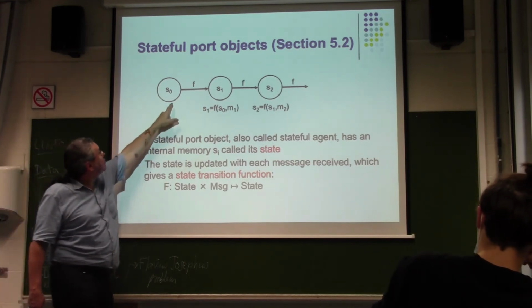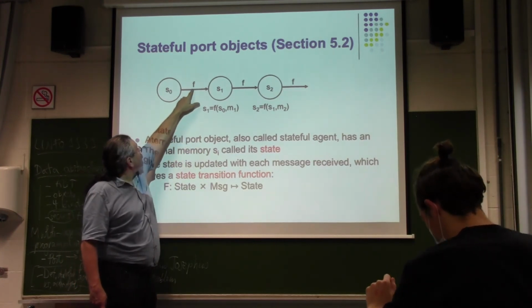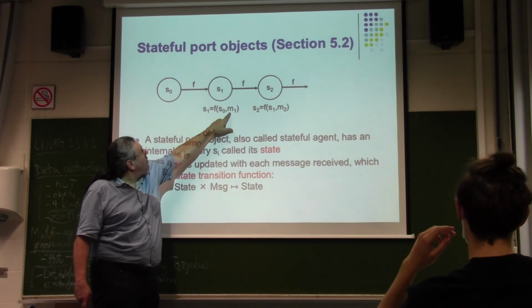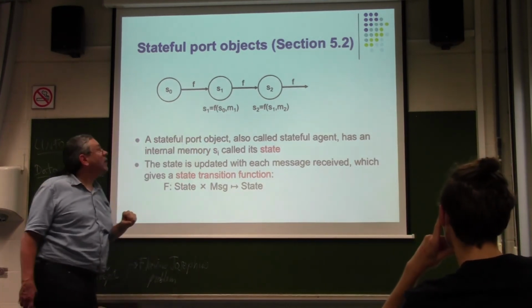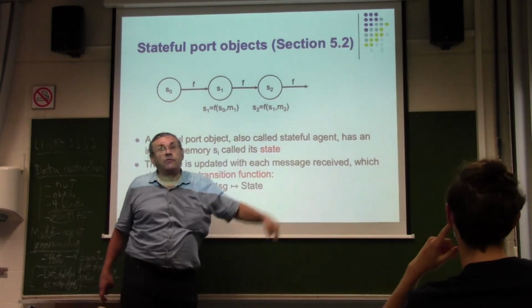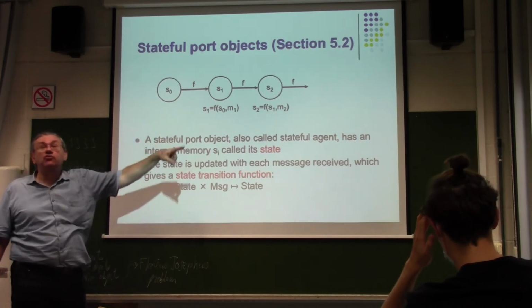Whenever I receive a message, so M1 is a message, there is a function which takes the original state as S0 and updates it and turns it into a new state, and it keeps going. So internally, it's a sequence of state updates. You can see that internally, it's actually sequential.